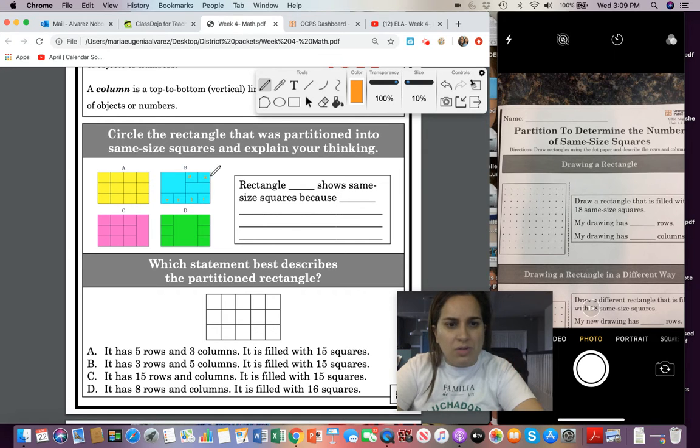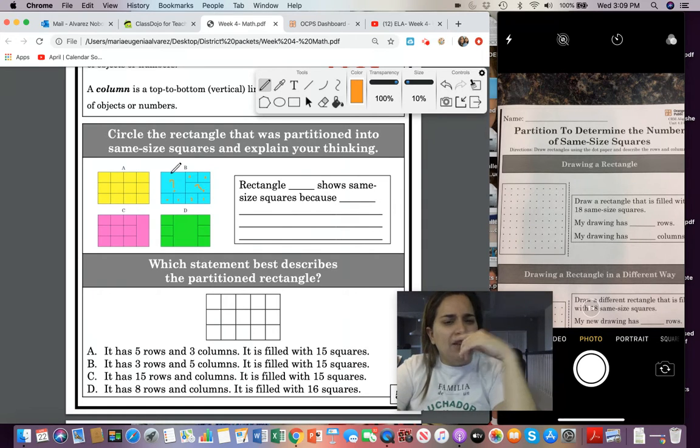Those are all squares that are the same size. But what about this one and this one? Do they seem like they're the same size as this one and this one? No, this is like a much bigger square, and this is like a rectangle. It's not even a square.